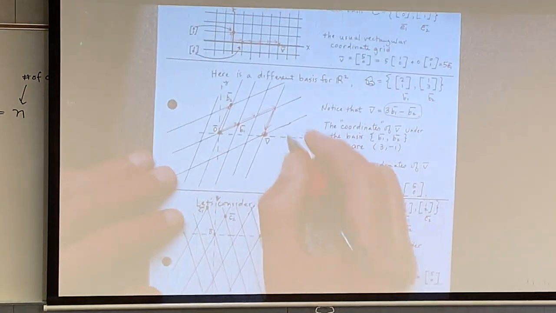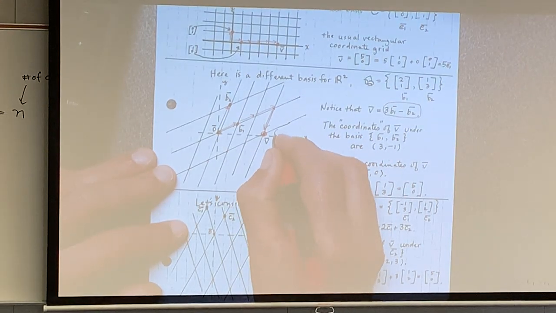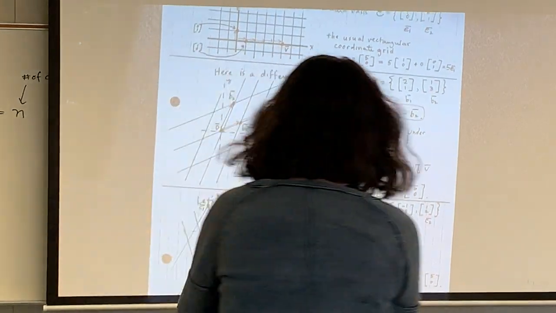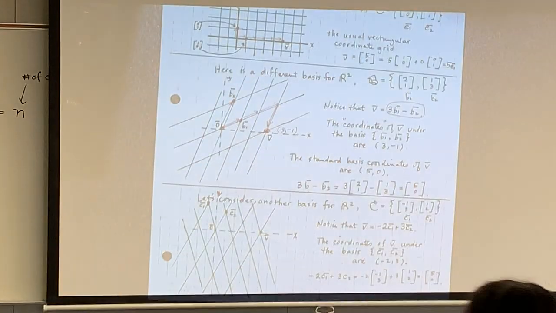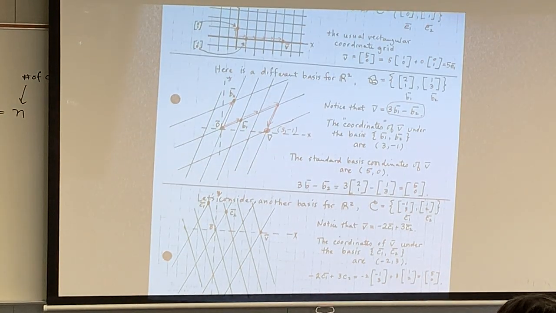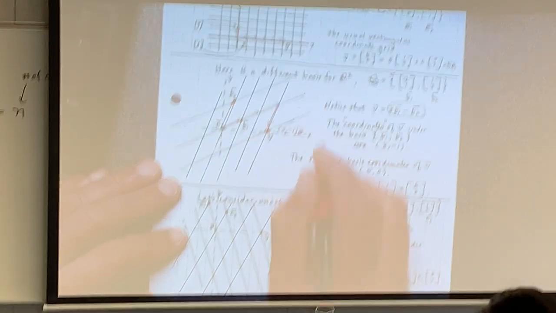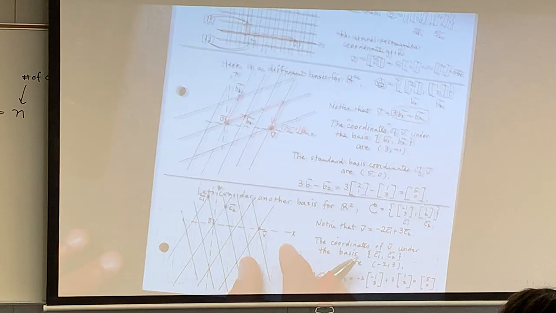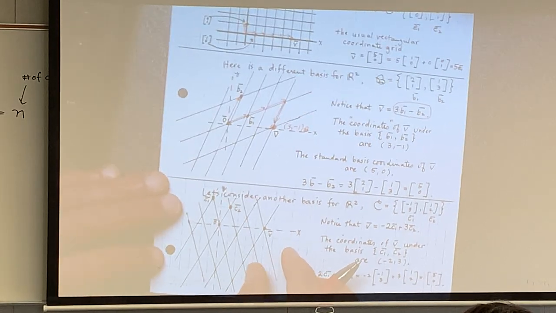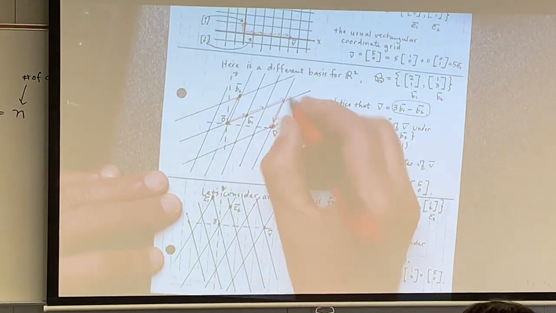I guess I'm going to write it on here, but if I write (3, -1) next to that vector V, I really got to know what basis that refers to. So in this course, we sometimes put that little curly B next to it, saying those are coordinates in that basis, right?